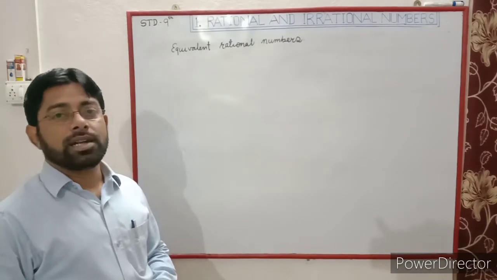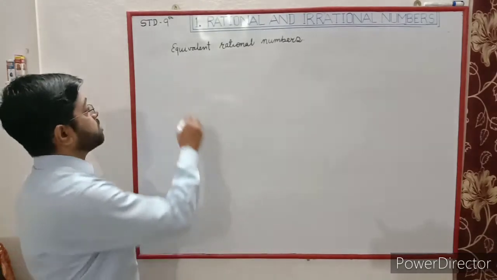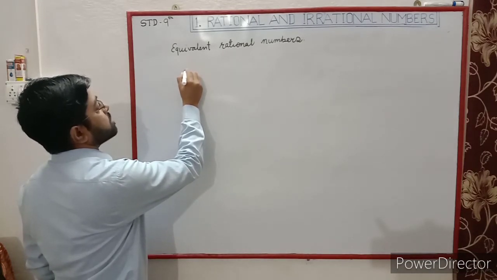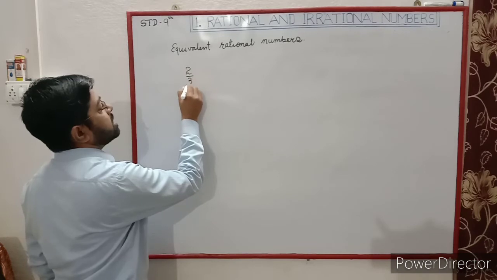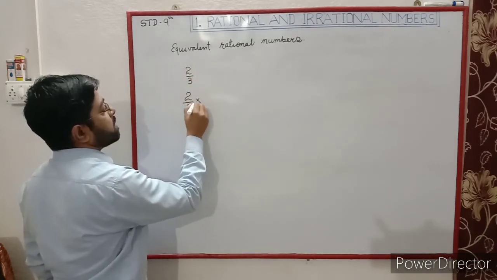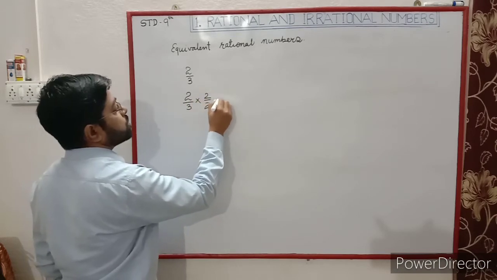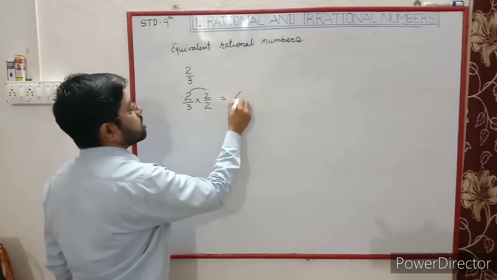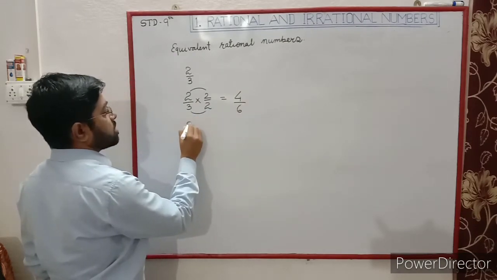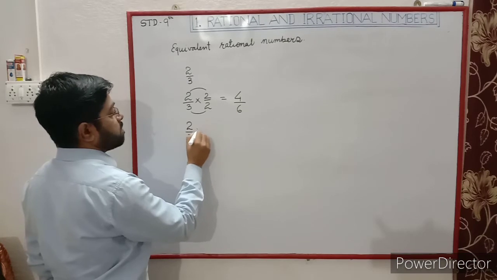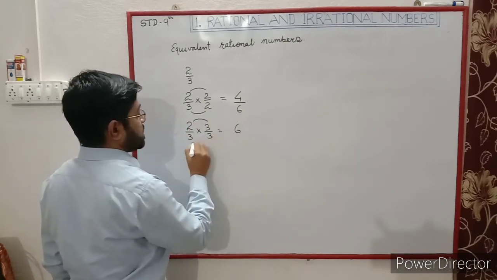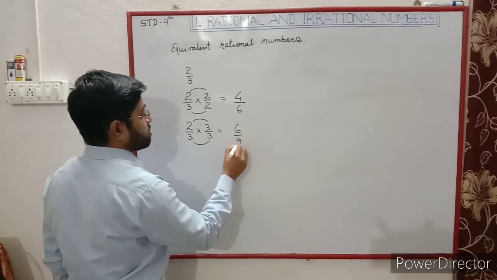Now equivalent rational numbers. Let's see. We have to find three equivalent rational numbers of 2 by 3. So we can write 2 by 3 multiplied by 2 by 2, so 2 twos are 4 and 3 twos are 6. Again next, 2 by 3 multiplied by 3 by 3 is 3 twos are 6, 3 threes are 9.